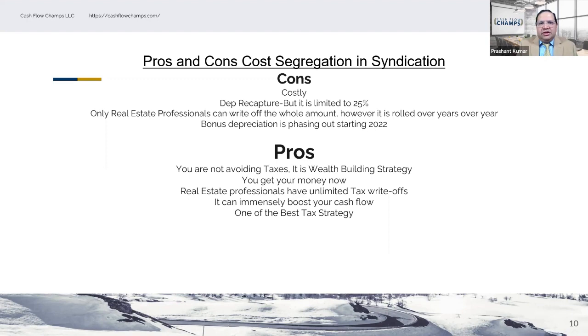The next is, what cost segregation firms do you use? I mean, we have used Cost Segregation Authority. Typically, we use Engineering Services, ETS, and there are many more out there. Are they all the same? They're mostly the same. It depends on who works with you best. But in theory, everybody should be the same.